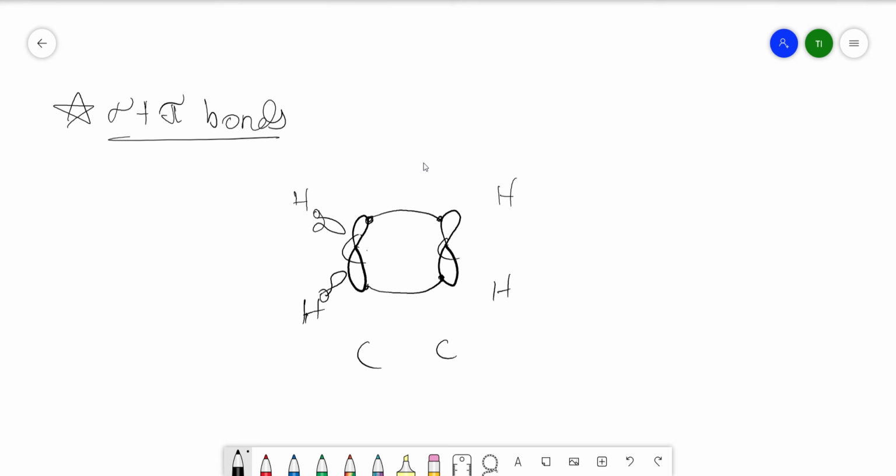And what happens as a result is the overlap formed is something like this. And this is the pi bond that's formed because of the lateral overlapping. Sometimes they ask the shape of the pi bond, and that is why I just gave a diagrammatic representation.